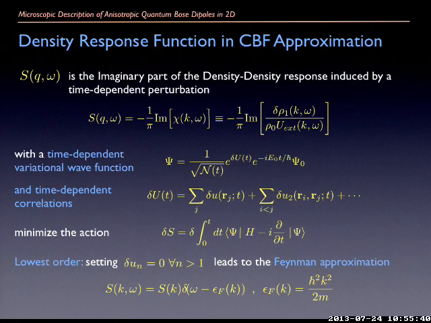Okay, for that, we just use CBF, the correlated basis function theory. It's an old theory developed, I think, in 1967 by Chang and Campbell. And it's based on the idea of linear response.